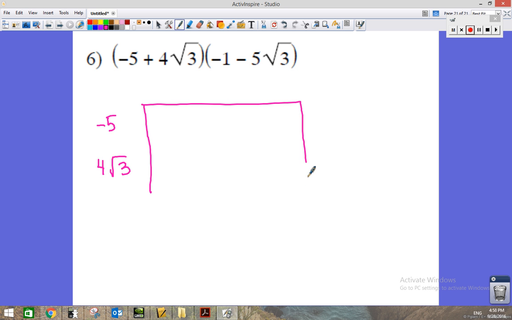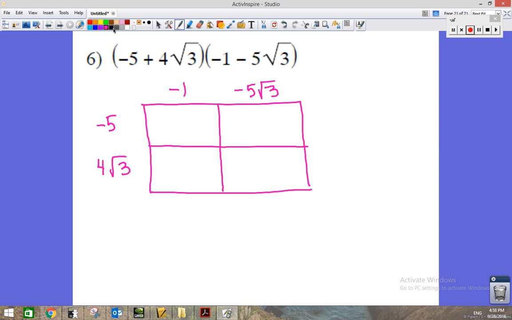Across the top of my table, I write the second binomial. If you're writing it out with FOIL, it's the same idea, just a little more organized in this table.